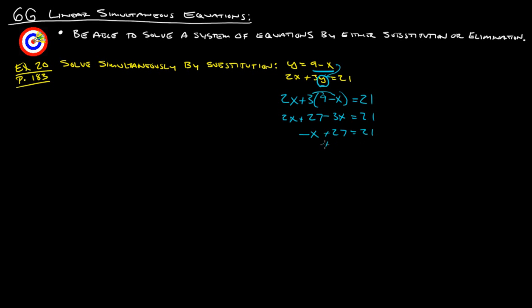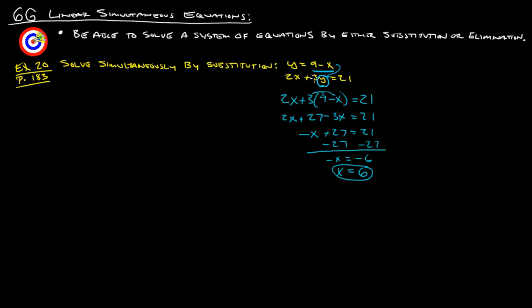So we're going to subtract 27 from both sides, and we get negative x equals negative 6. So if negative x equals negative 6, then positive x is going to equal positive 6. Okay? So, solving simultaneously means we have to figure out what x and y is. We figured out what x is, now we got to figure out what y is.